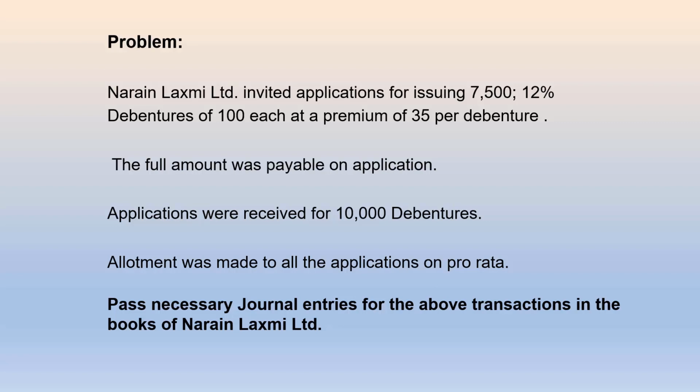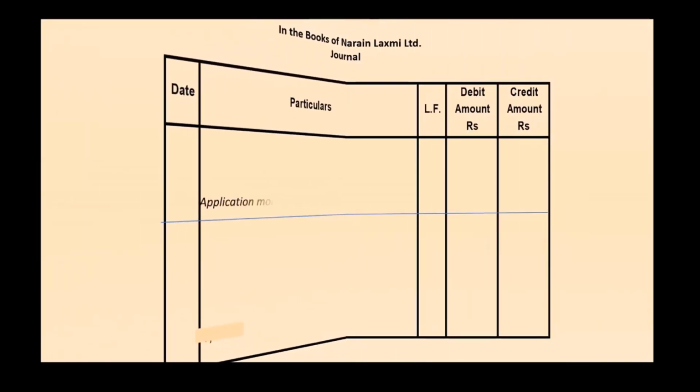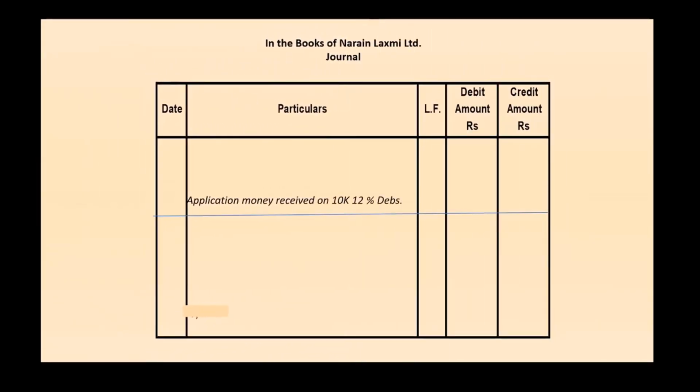The company as such has to refund the whole of the excess application money it has in its custody as a result of partial prorata allotment. As in the previous scenario, there are two events and therefore two journal entries: the receipt of application money and then the refund of excess application money received.